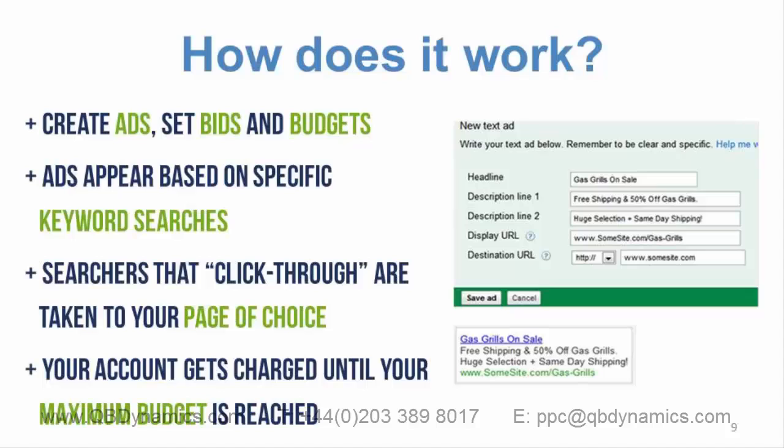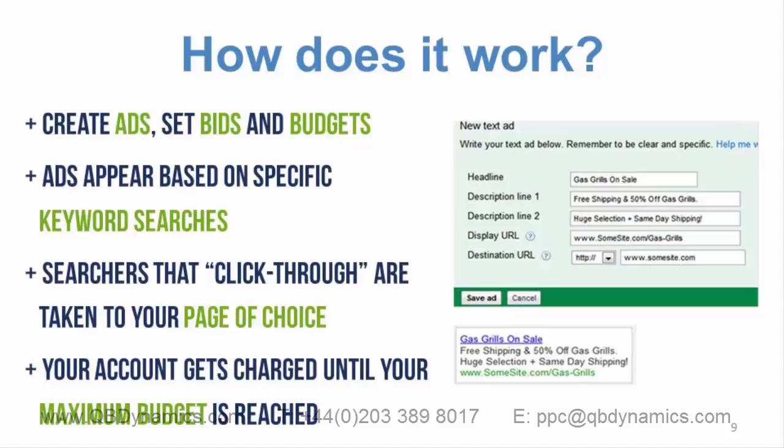Once you have created the ad and you have your bid, then your ads appear based on specific keyword searches. You can see here that this ad is for gas grills on sale. Now, if I was to target this ad when I'm creating my campaign to searches for the term gas grills, this ad would show up. Again, it's pretty simple.